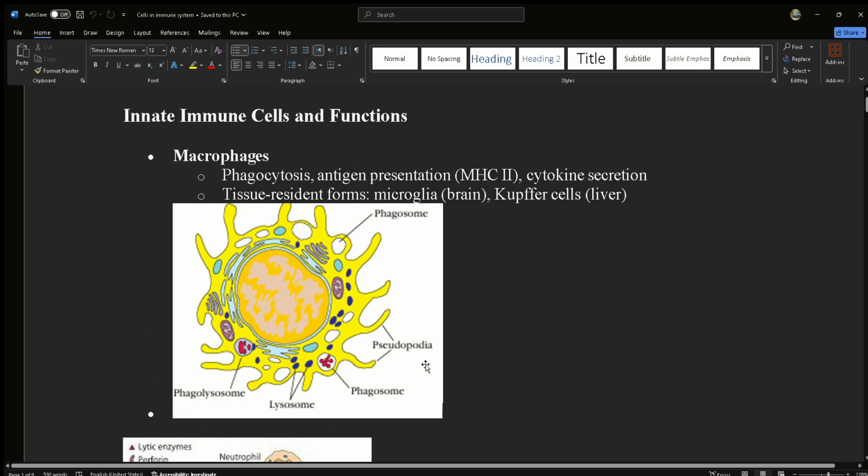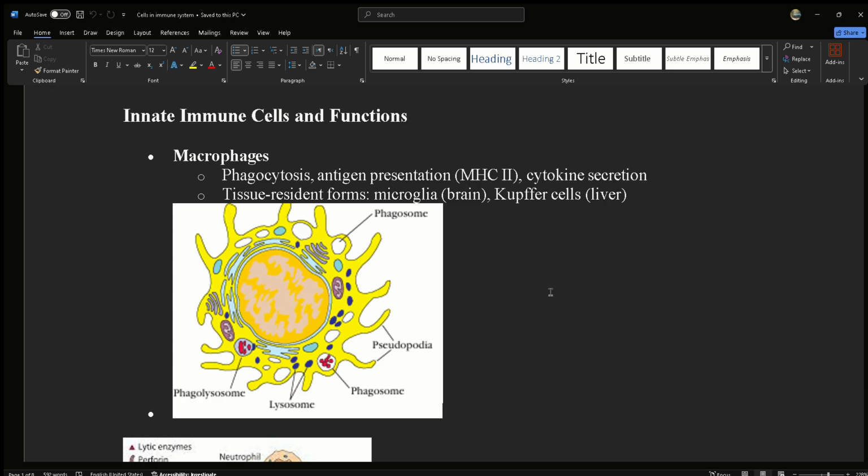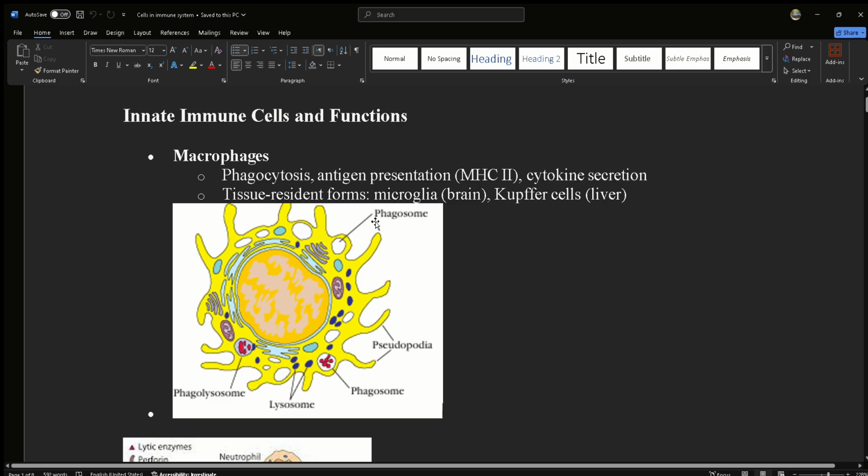So here you can see this figure in which these macrophages have dendritic cytoplasmic extensions, which are termed pseudopodia, and they have phagosomes and lysosomes.